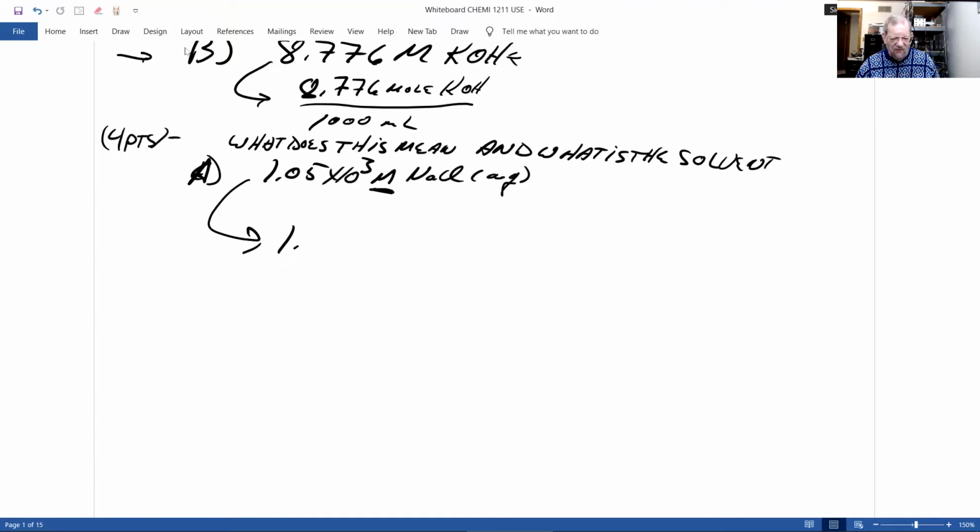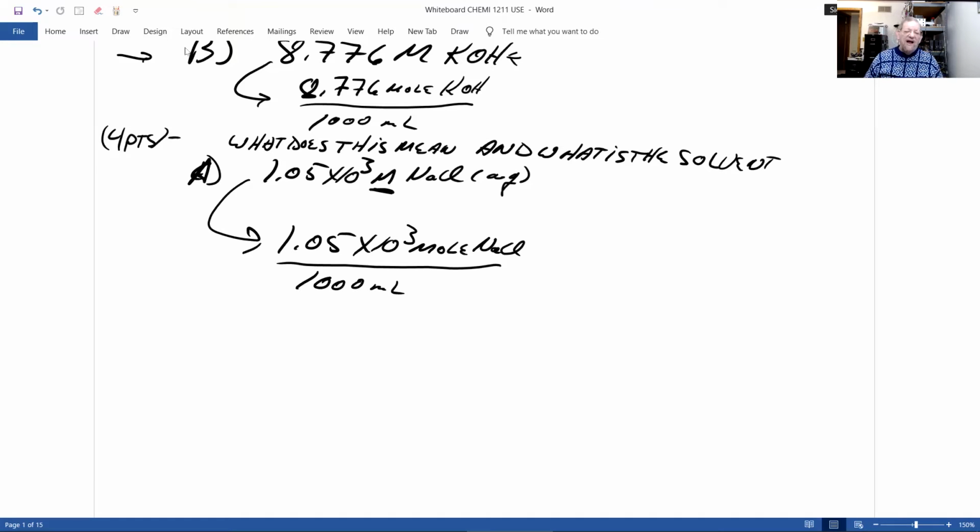So immediately I can say 1.05 times 10 to the third moles of sodium chloride per 1,000 milliliters. Now, what's the solvent? The bracket A, Q, close bracket, is shorthand for aqueous. Aqueous means water, and that means water is the solvent.